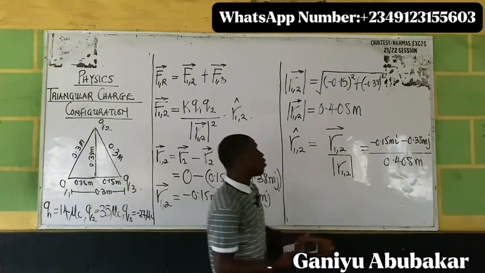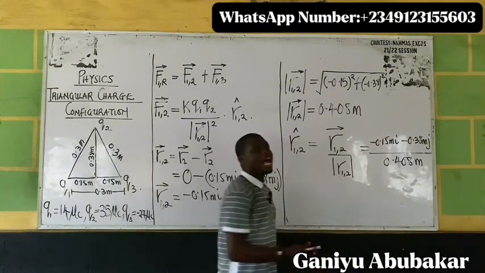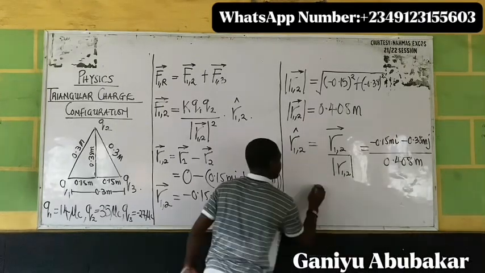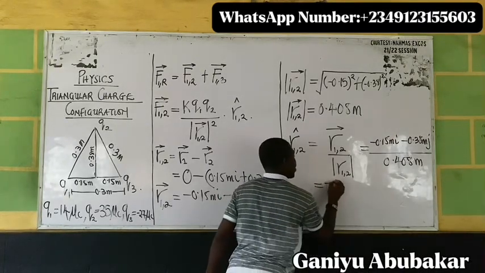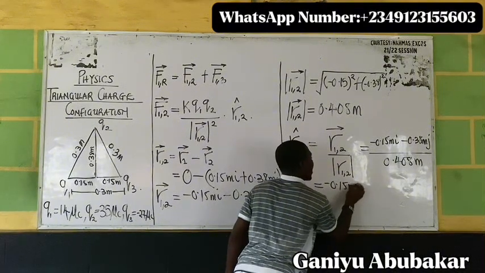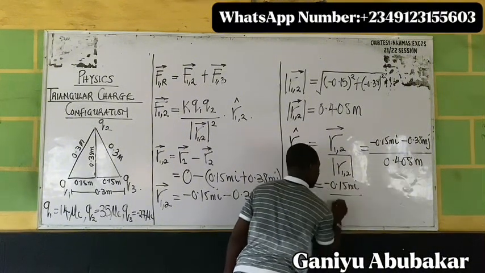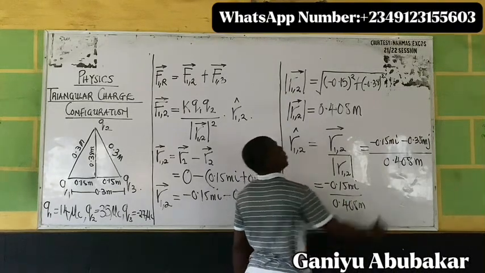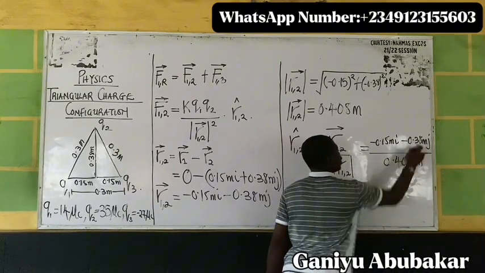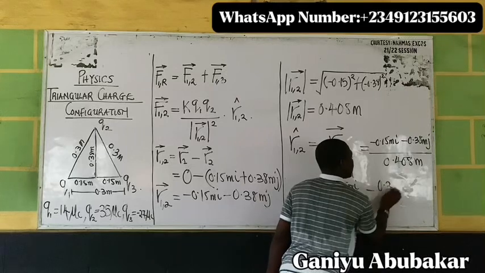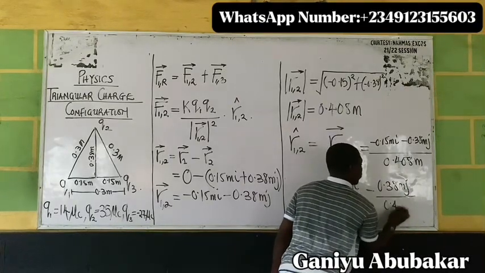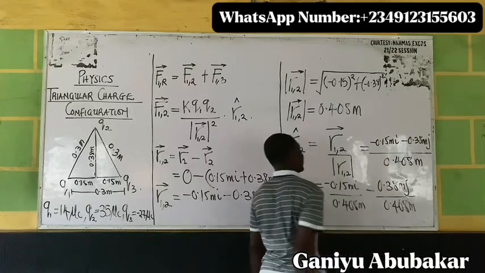If you are at this point, here is the task. I'll split it into two. I'll put this one out first: minus 0.15 meters i over 0.408 meters, minus 0.38 meters j all over 0.408 meters.